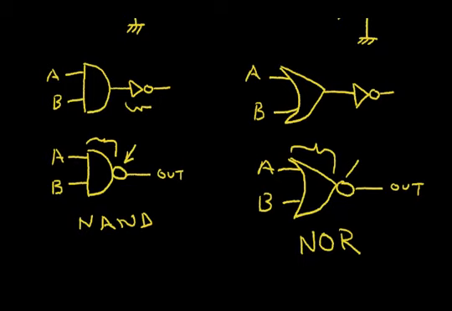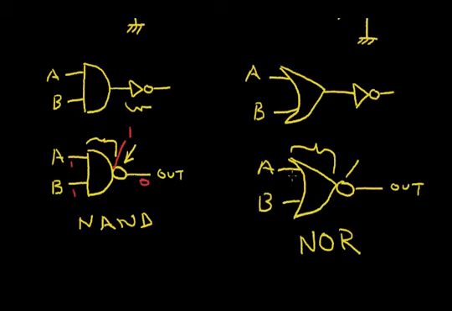So if we, for example, have this A at a logic 1 and the B at a logic 1, the output of the AND gate will be at a logic 1, but the output of the NAND gate will be at a logic 0. So it requires both the A input and the B input being at a logic 1 to make the output a 0. Any other condition will cause the output to go to a 1.